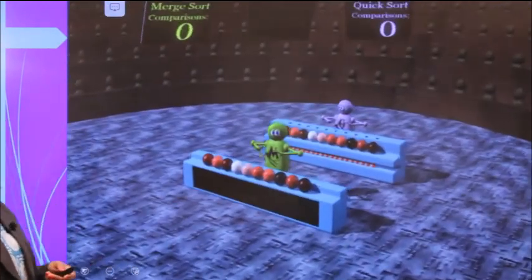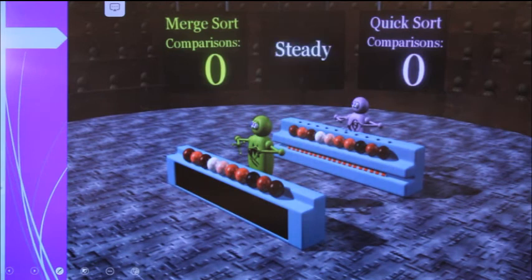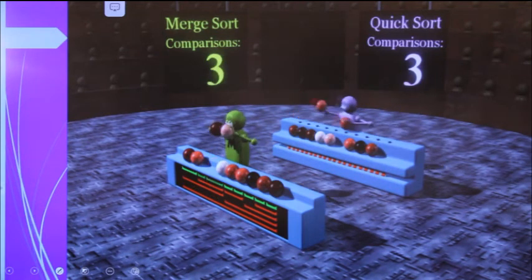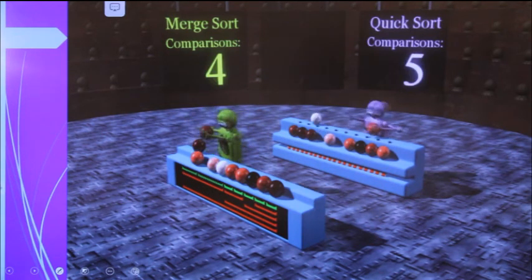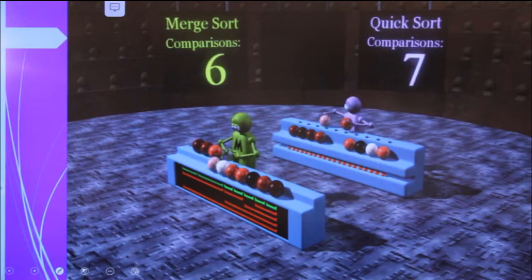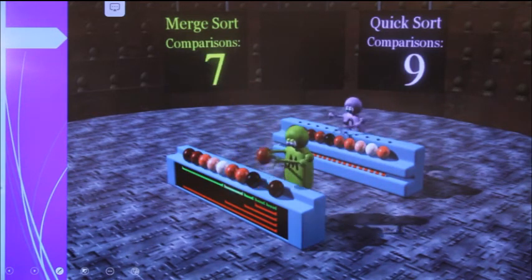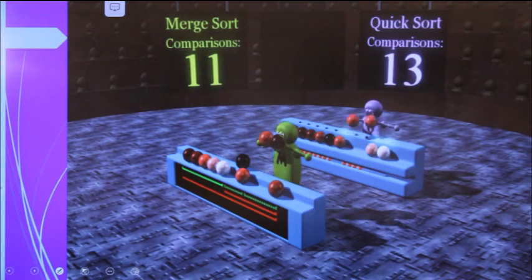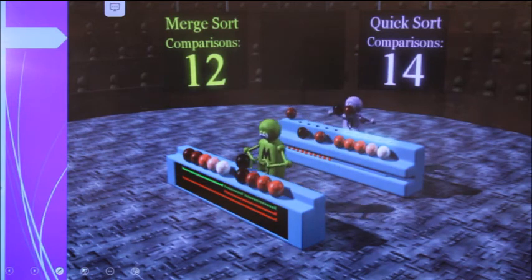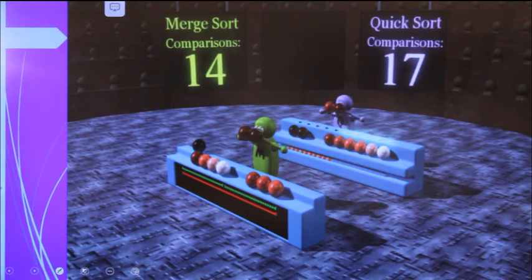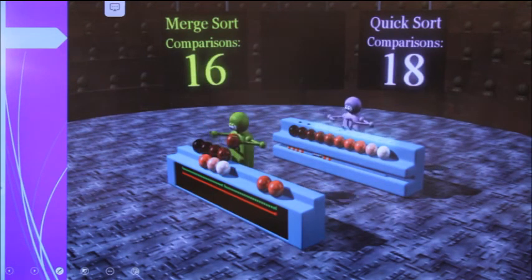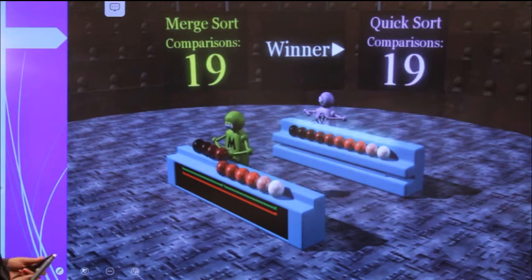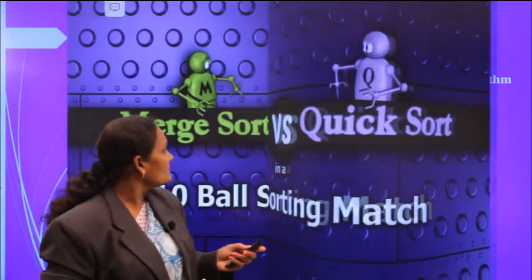So let us see the comparison of merge sort and quicksort. Both sorts perform 19 comparisons.